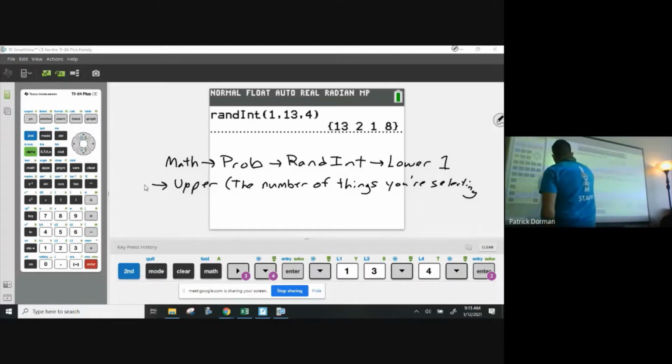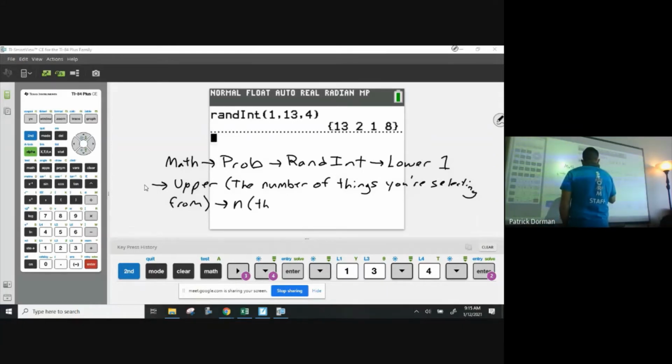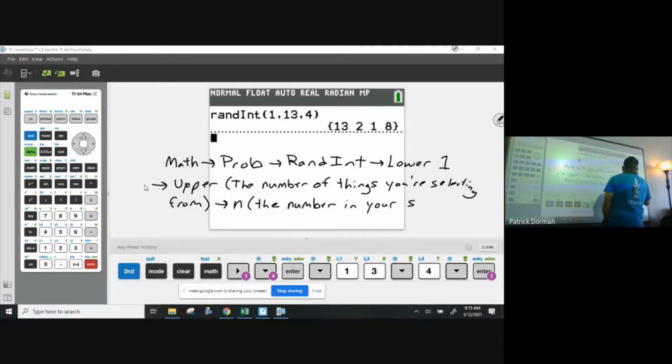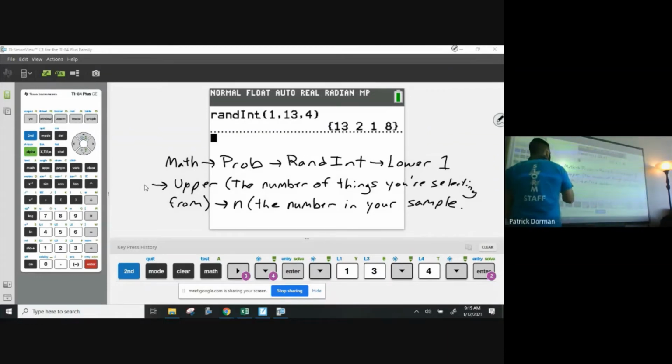And then n is the number you're selecting, the number in your sample, AKA the sample size. Okay. And it spits out a command that looks like this.